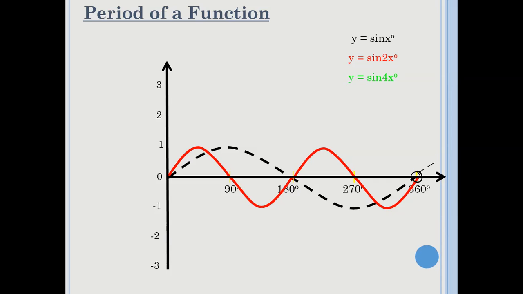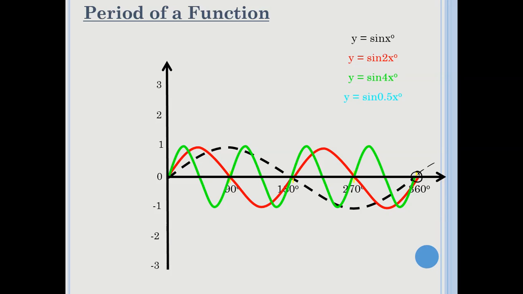If we put a 4 in front of the x, then as we can see, the graph will repeat itself 4 times within that domain of 0 to 360. And we can see that at 90 degrees for y equals sine 4x is where it starts to repeat itself, which makes sense because 360 divided by 4 is 90.